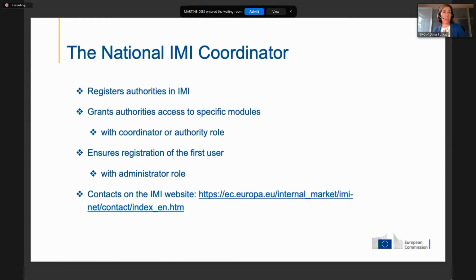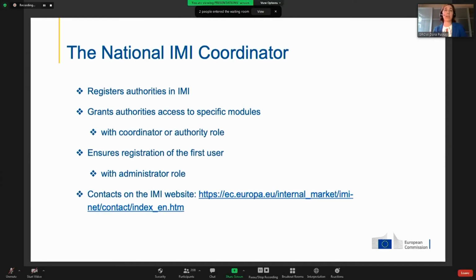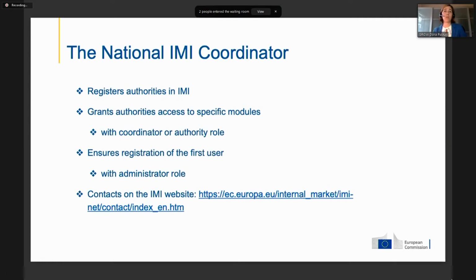So it will be very important that all the competent authorities who are responsible for those new exchanges under these 3 new modules are properly registered in the system. Why is that? Because only authorities who are registered and granted access to a given module can have access to it. So first of all, the authority needs to be registered, and then with the first user, and then the national IMI coordinator also needs to grant access to the specific modules, depending on the responsibility of that given authority.